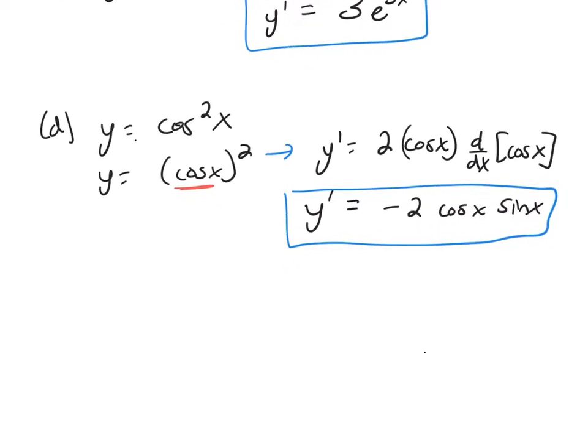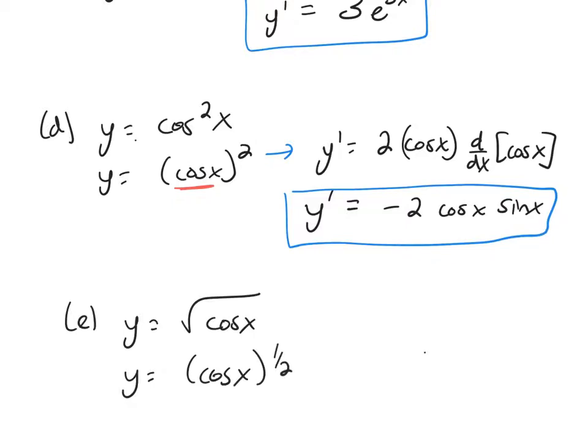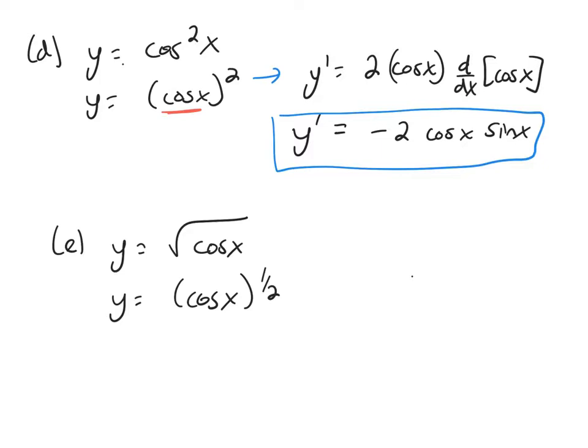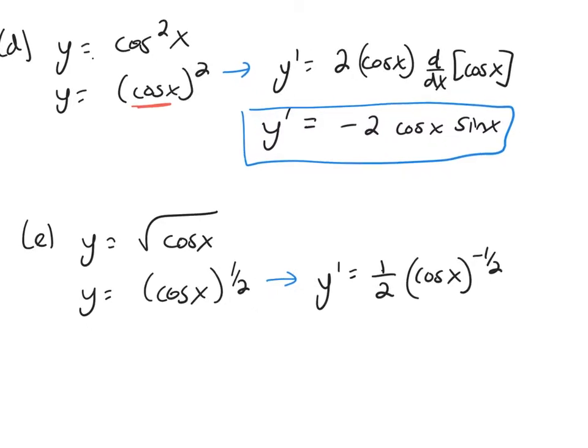And then the last one in this group, let's look at y equals the square root of cosine x. Again, think of this as being a power of 1/2. And now you can use your chain rule. y prime, do your power first, 1/2 cosine x to the negative 1/2 times the derivative of cosine.